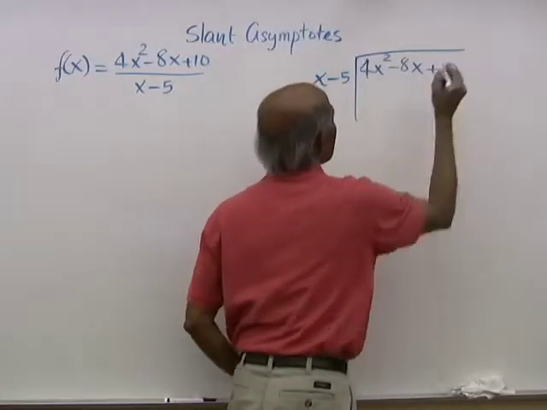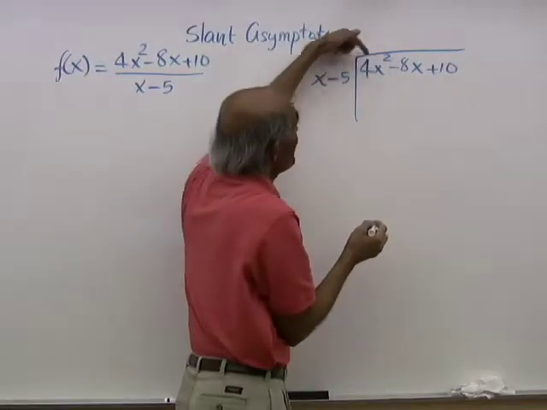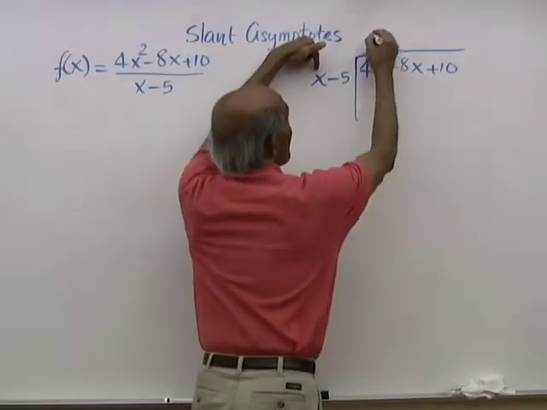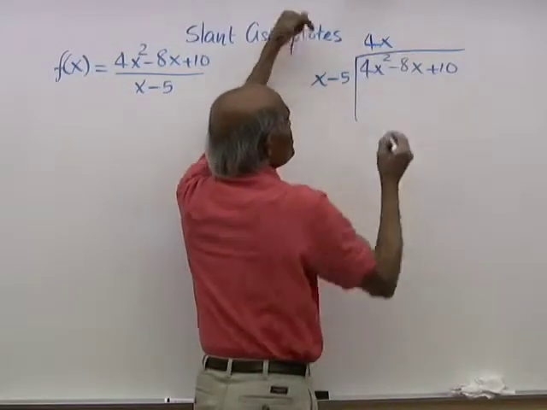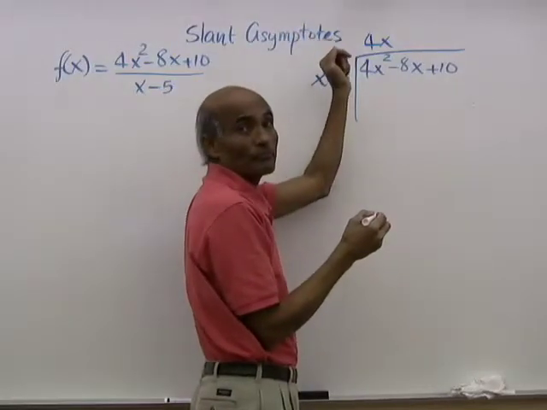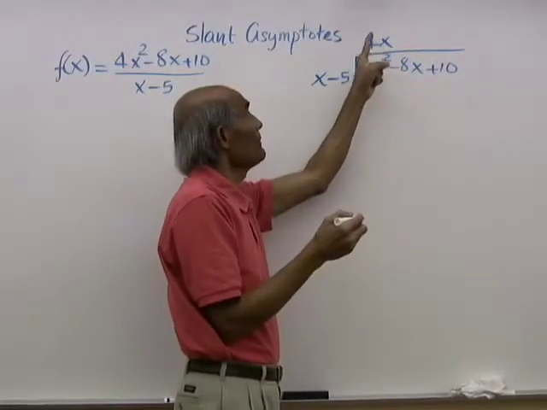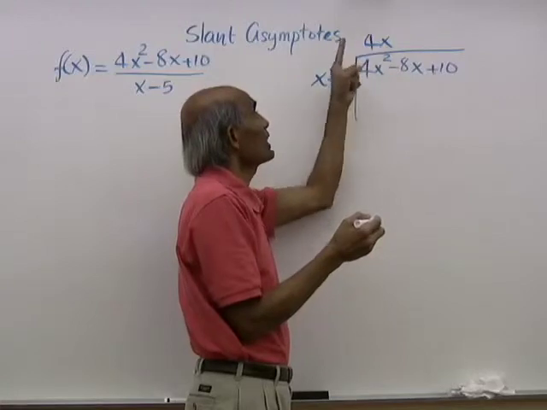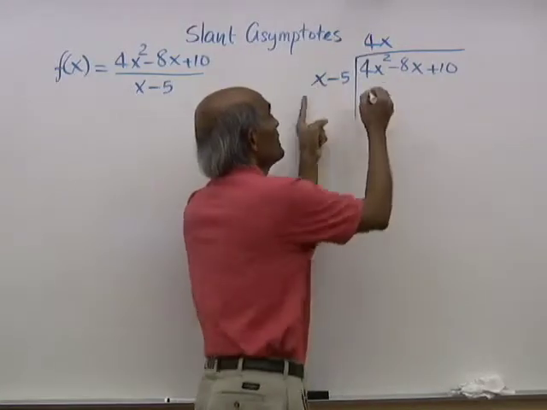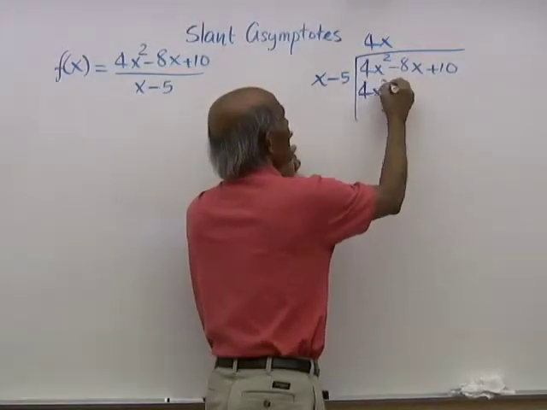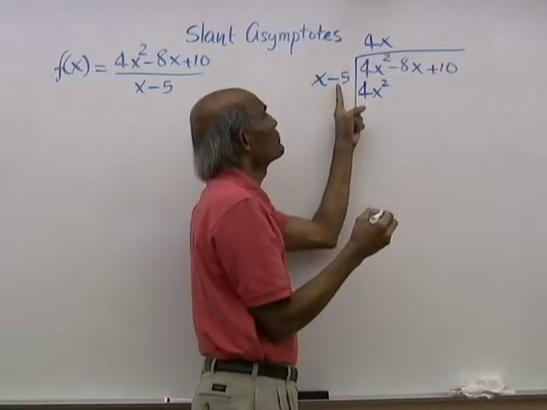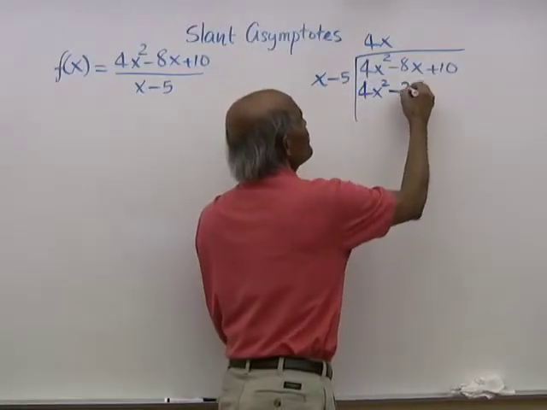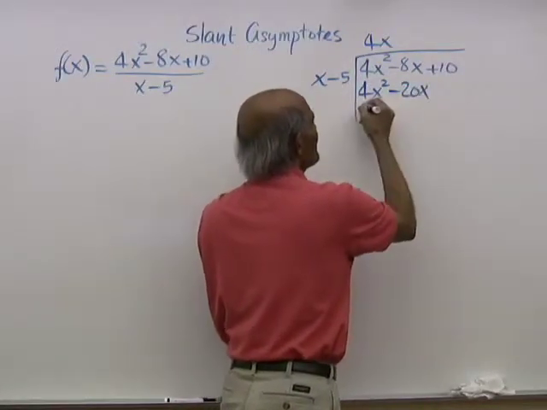Like this. 4x squared divided by x is 4x, and we write it on top there. Now multiply 4x by x. 4x times x is 4x squared. 4x times negative 5 is negative 20x.